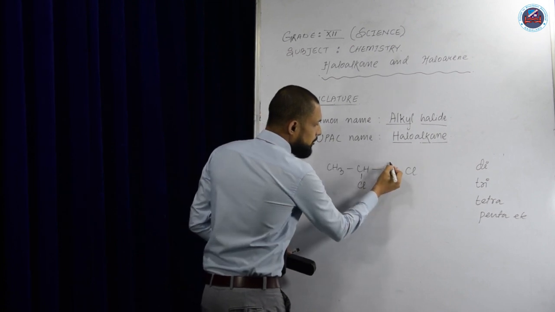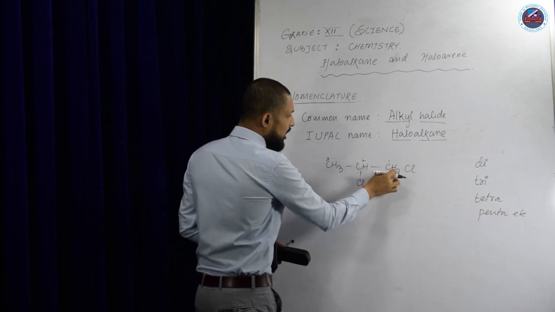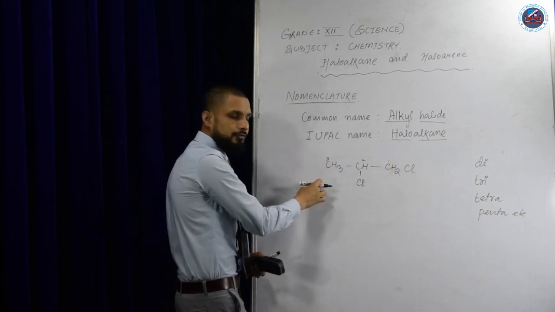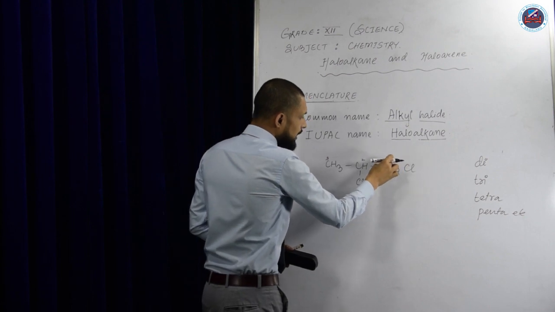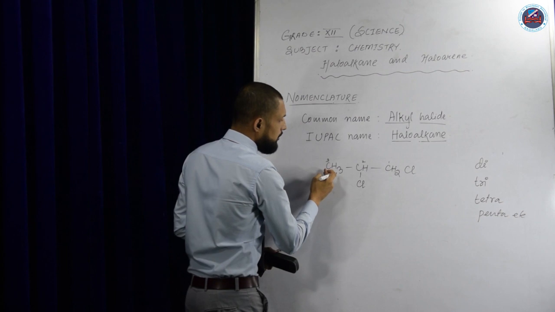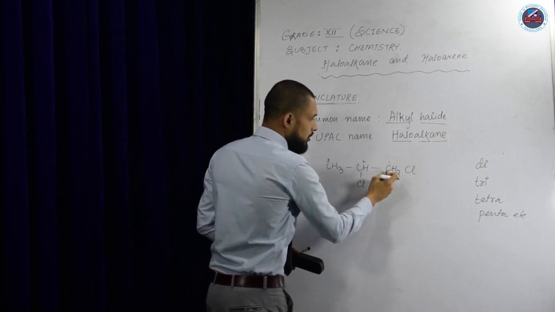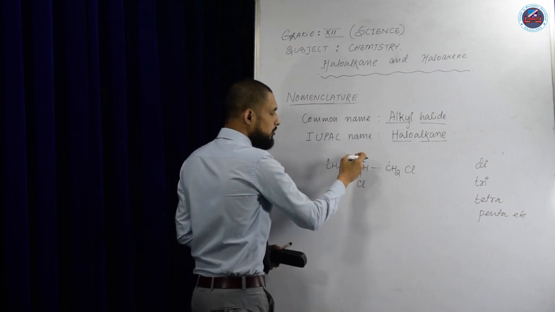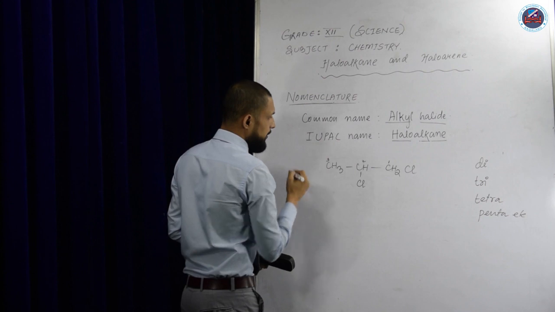So this will be carbon 1, carbon 2, and carbon 3. When we count from right to left, the positions of Cl are 1 and 2. But if we count from left to right, 1, 2, 3, it will be 2 and 3. So we prefer 1 and 2. So we'll count from the right-hand side.